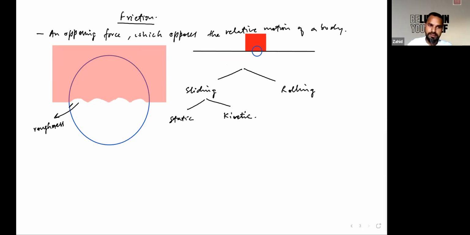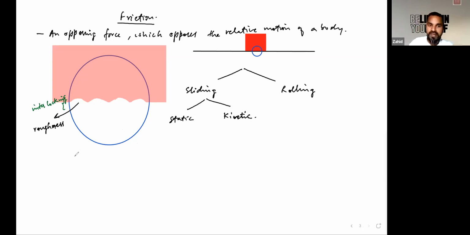Let's say in first part, there is interlocking between two surfaces at this particular point. This is interlocking due to roughness of the two surfaces which is in contact. Let's say this particular interlocking has maximum limit of up to 10 Newton. It means below 10, there will be no movement in this upper block on this surface.